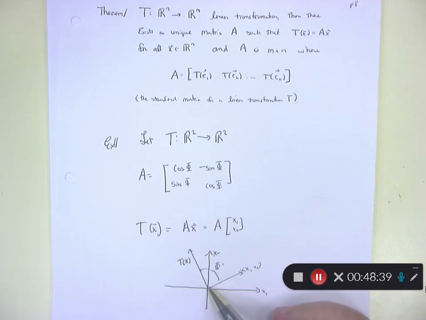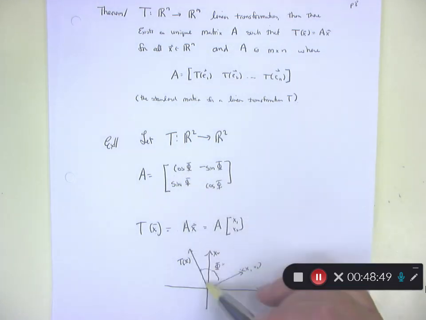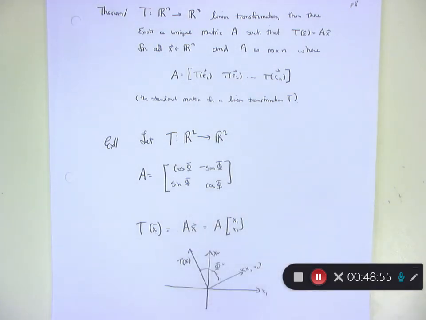So if you've got an arbitrary x1, x2 vector out here, it's going to rotate it counterclockwise phi, whatever that angle happens to be, to this T of x vector. This is a rotation vector that will rotate it theta degrees, or theta radians, whatever it is, in a counterclockwise fashion. So this is a rotation matrix.